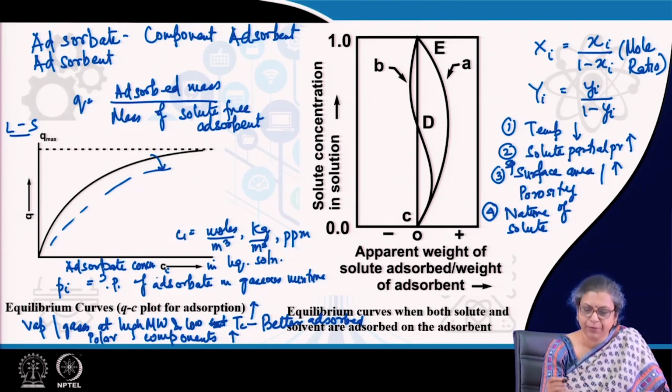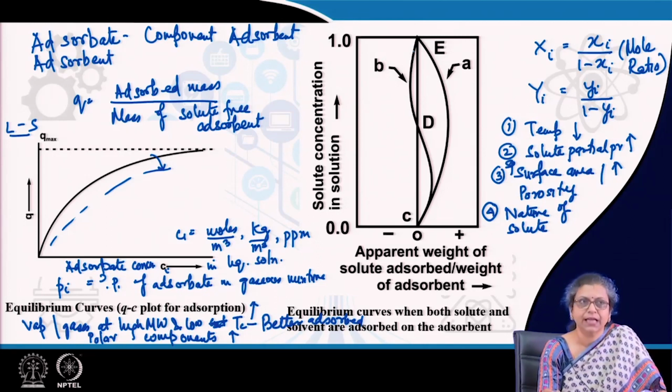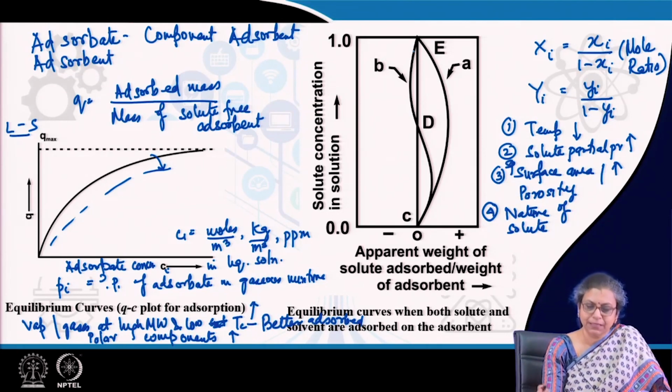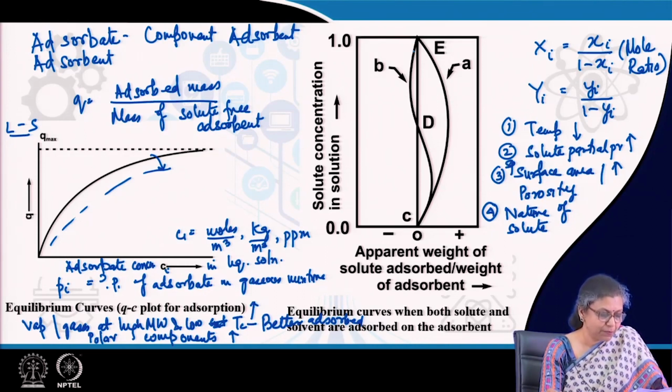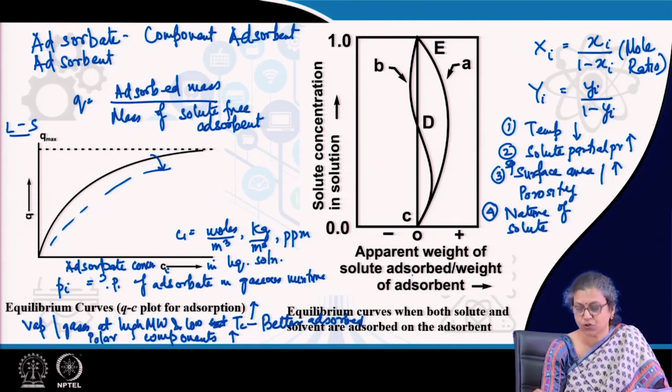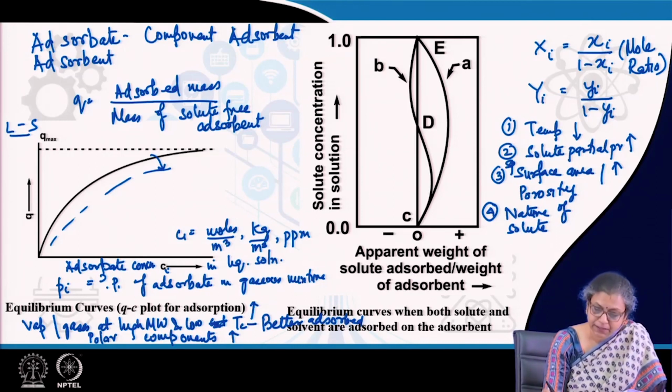It actually appears, which is evident from this portion of the curve, that your Q becomes negative under such a condition. And therefore, under these conditions it is important that we consider the apparent weight of the solute adsorbed per weight of the adsorbent.